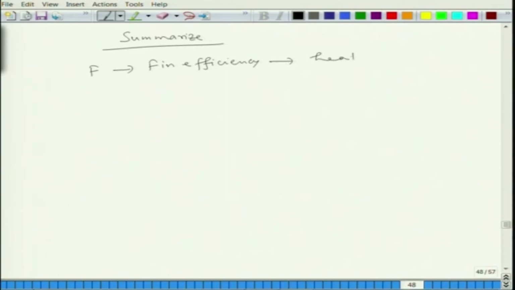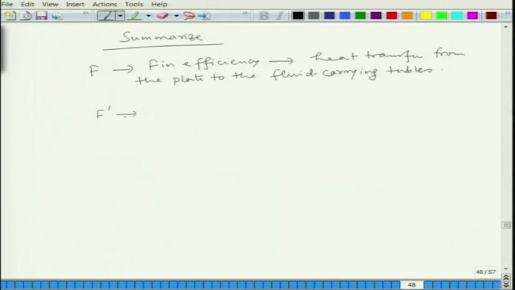It relates the heat transfer from the plate to the fluid carrying tubes. Okay. So, that is the first step we have looked at, it is fin efficiency.